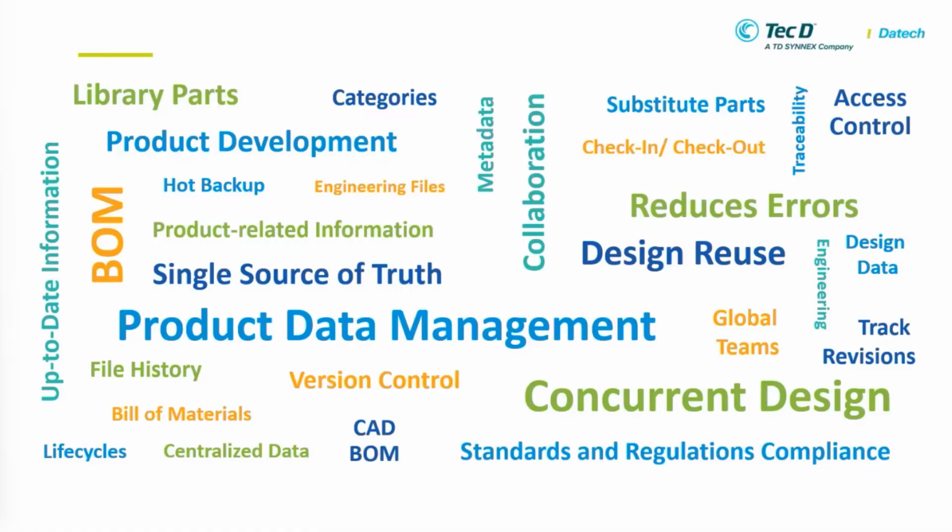So when we talk about data management or product data management, oftentimes it relates back to a few key points: version control, file history, concurrent designs, access control to track revisions, and so on. These are the common jargons that are used in the factory.